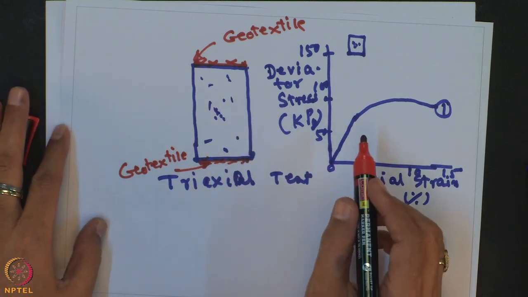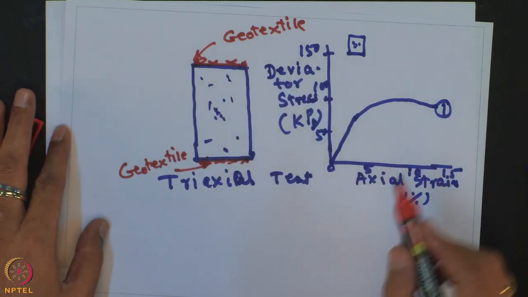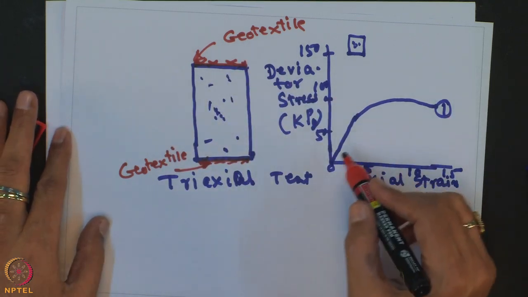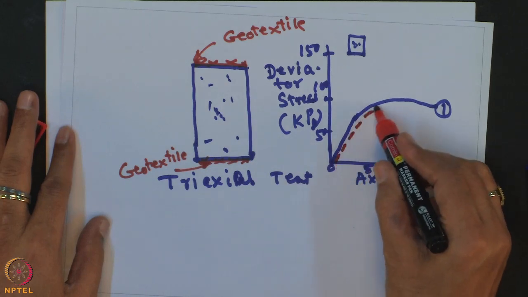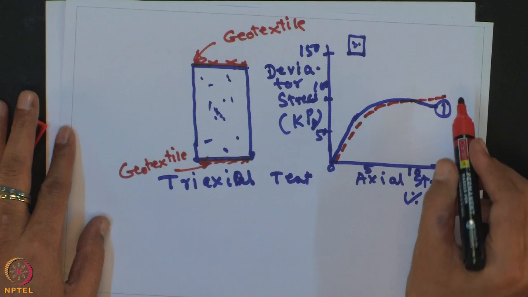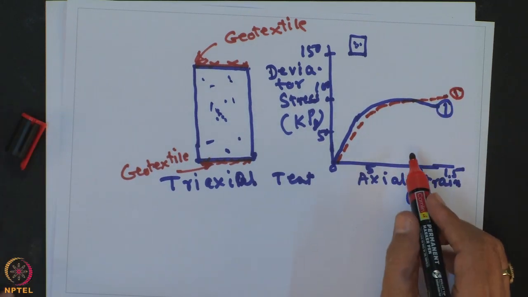So, even if you can perform the test and draw the curve, you find that it is almost the same as in the unreinforced soil sample.